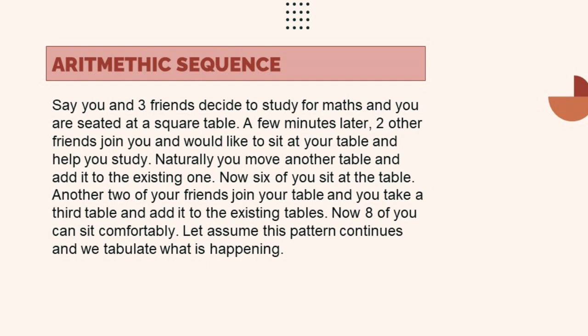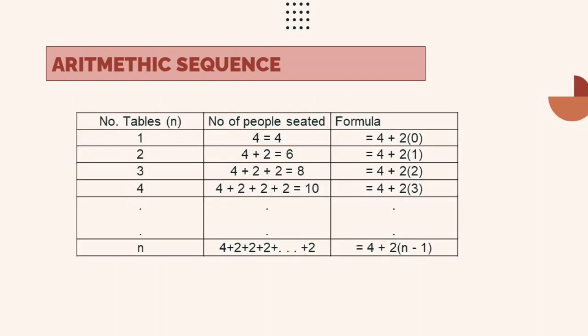Now, 6 of you sit at the table. Another 2 of your friends join your table, and you take a third table and add it to the existing tables. Now, 8 of you can sit comfortably. Let's assume this pattern continues, and we tabulate what is happening. And next, this is the answer of the example of arithmetic sequence.